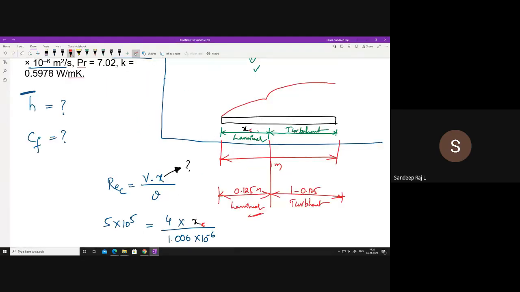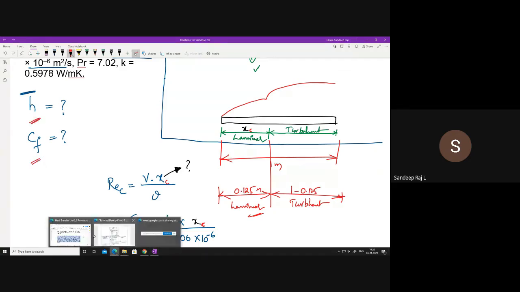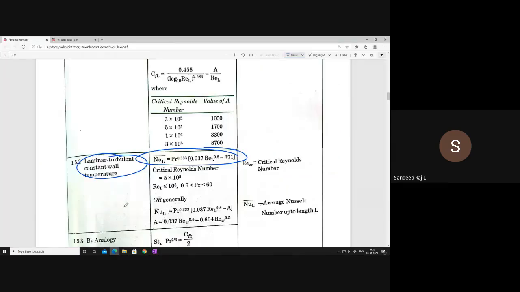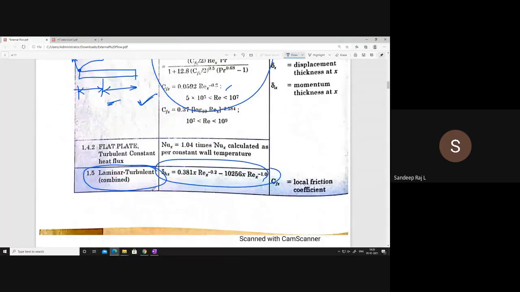Now, what you have to do is find the value of h bar and C_f when you have the laminar and turbulent flow. So you have to choose the appropriate formula.